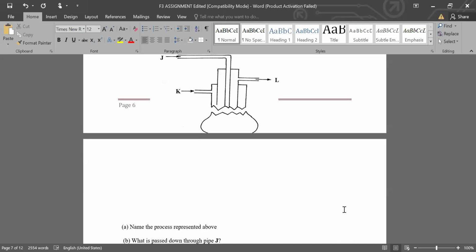K contained superheated water. Super means the water is above the boiling point. It is 170 degrees Celsius. That is why we are saying it is superheated. It is a liquid at a higher temperature than its boiling point because it is pressurized.